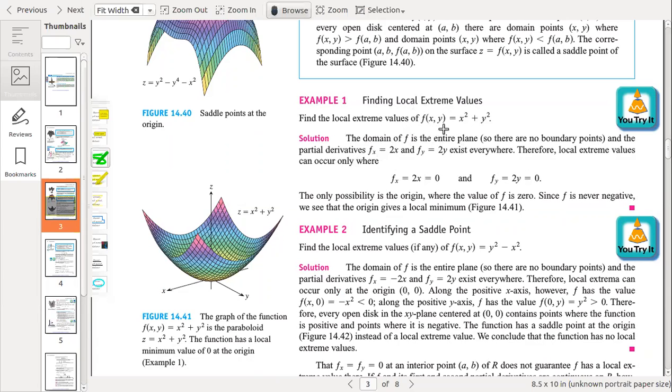So partial f over partial x is equal to 2x and partial f over partial y is equal to 2y. Therefore, local extreme values can occur only where partial f over partial x is equal to 0, which implies x equal to 0, and 2y equal to 0 implies y equal to 0.